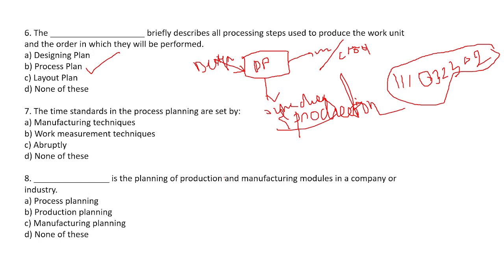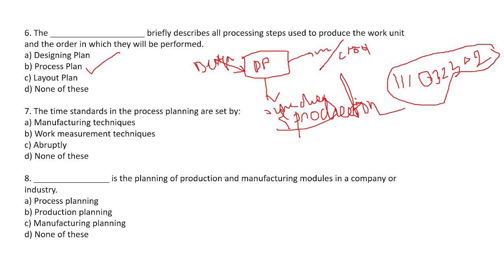So here the question is: time standards in process planning are set by? Work measurement techniques. Time standards are an important aspect of process planning in manufacturing, as they refer to the amount of time required to complete a specific task or activity within the production process.